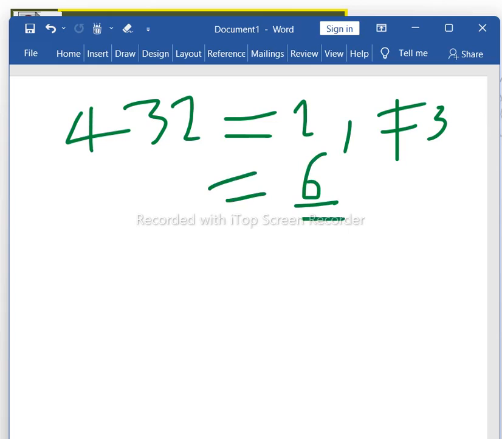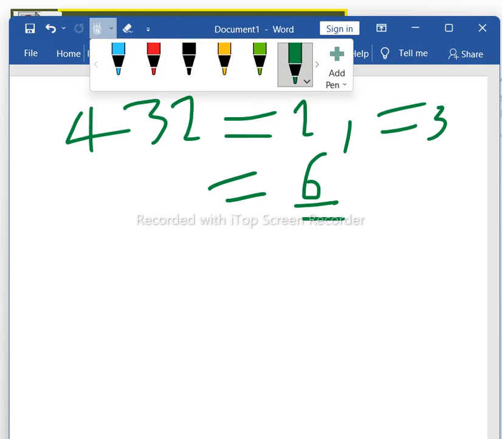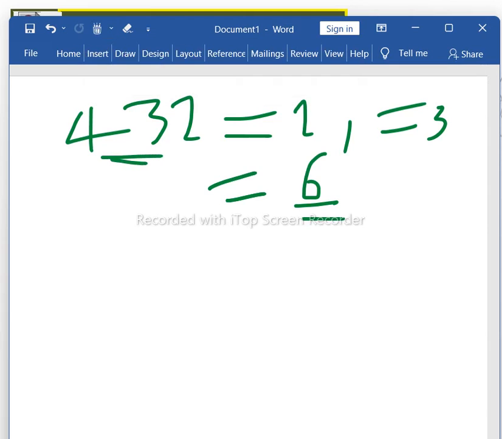If a given number is divisible by both 2 and 3, then that number is divisible by 6.